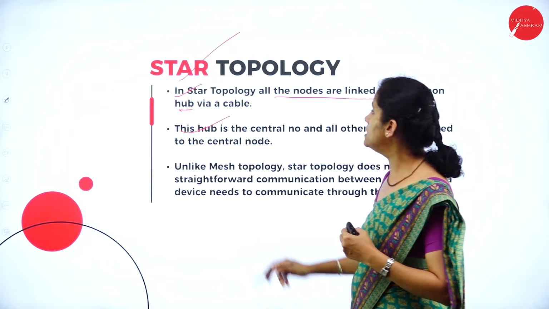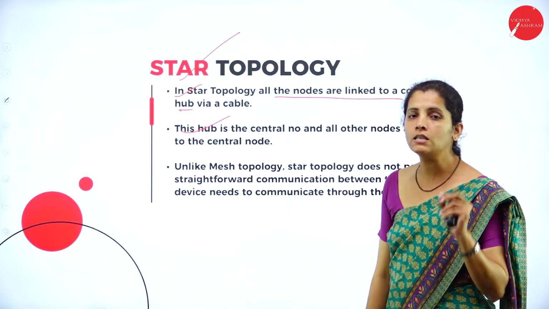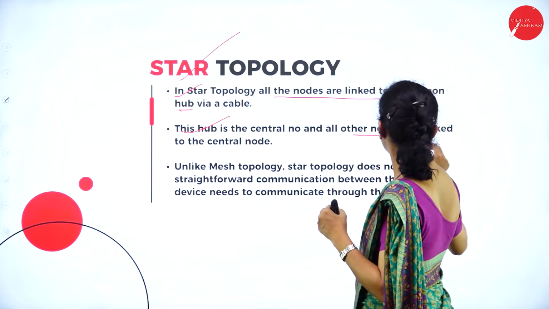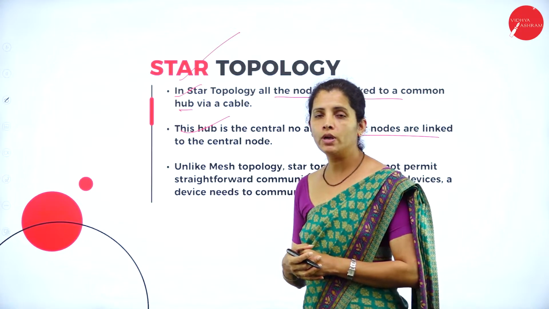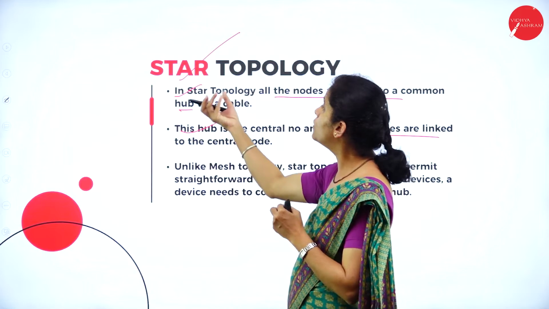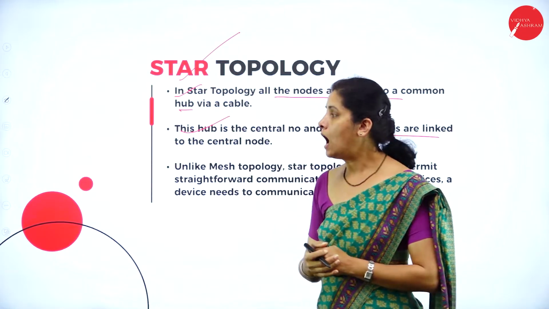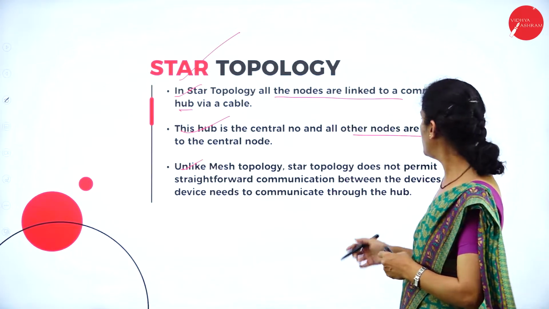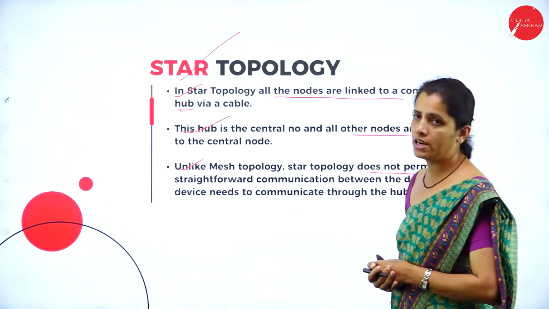This hub is the central node, and all the other nodes are linked to it. Unlike mesh topology, star topology does not permit straightforward communication.